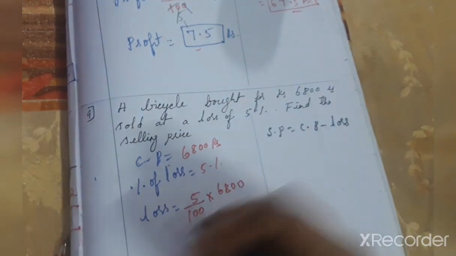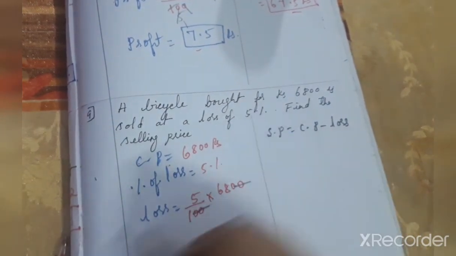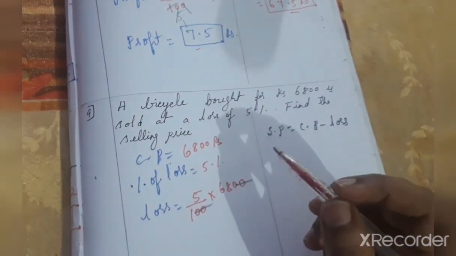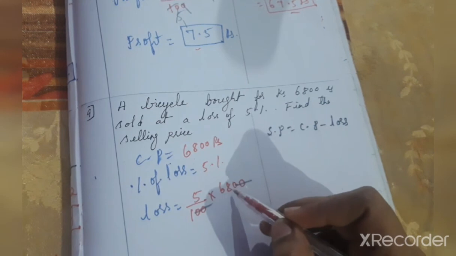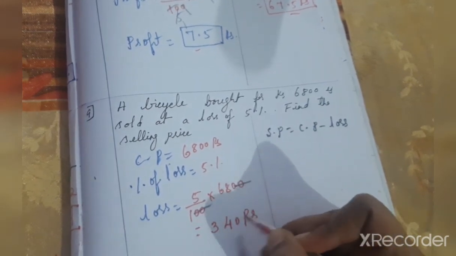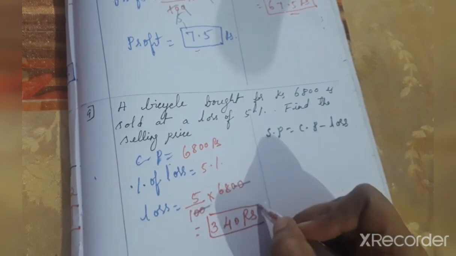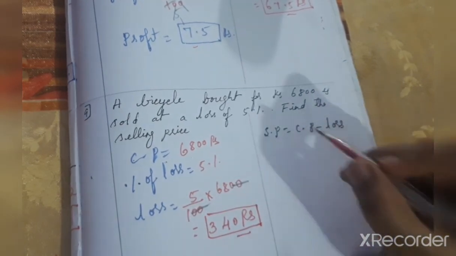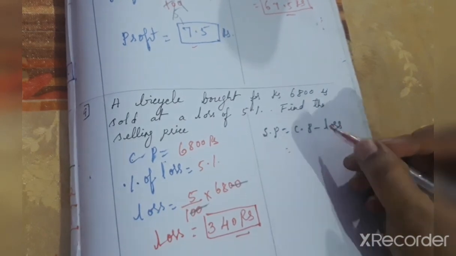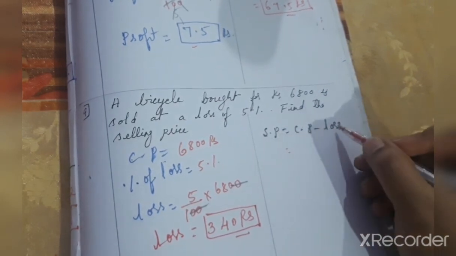6,800. 0 0 cancel. Now 5 into 68 is 340 rupees. So this is the loss amount. Now for selling price, selling price equals CP minus loss.